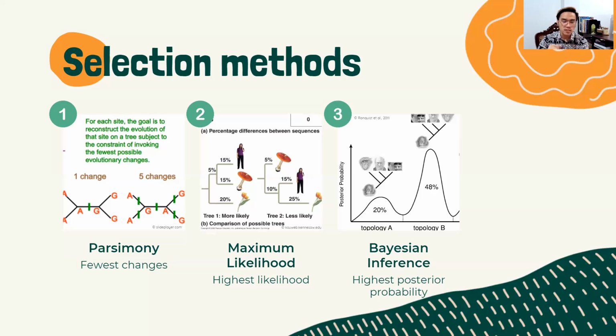But in Bayesian inference, it's not just the model that is important, because the model itself, because it's just a model, doesn't necessarily mean that it happens all the time. Meaning even the model itself is not considered 100% truth. The model that we put alongside our data is itself a hypothesis as well.